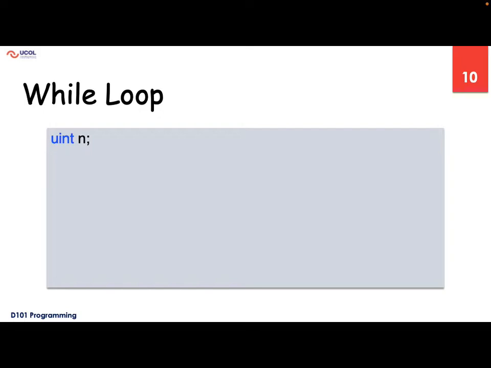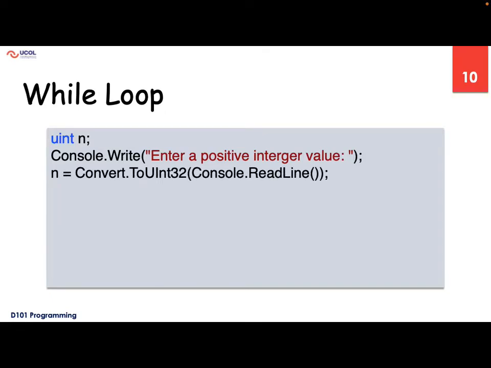Yes, we can have a 0 value, but not a negative value. And then we are asking the user to give me a number, and then we are getting that number, and then we are converting it to n. Okay. Then we say uint i is equal to 1, sum is equal to 0.